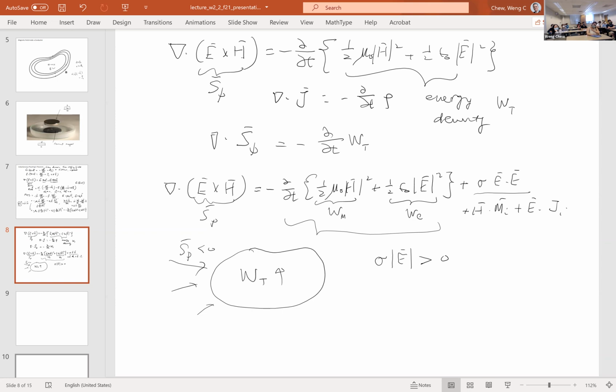And these two terms, let's look at this term first. When does it siphon energy and when does it pump in energy? If E dot J is positive, then it will siphon energy from the power, just like the first term we had. This is always positive, definite.